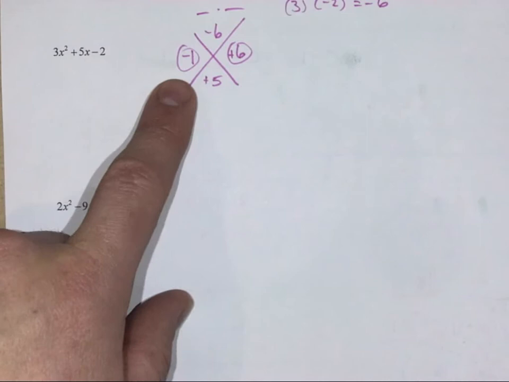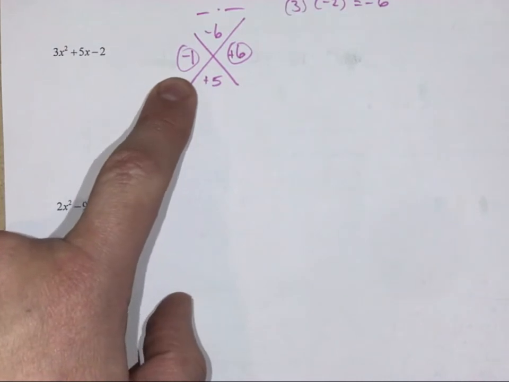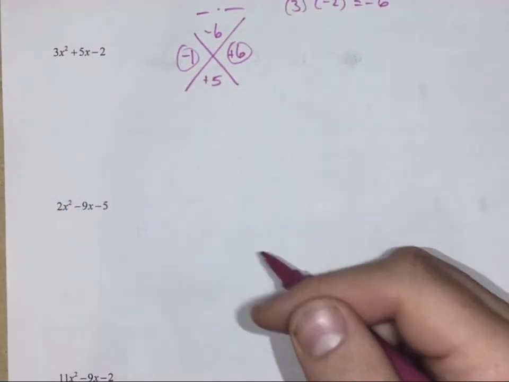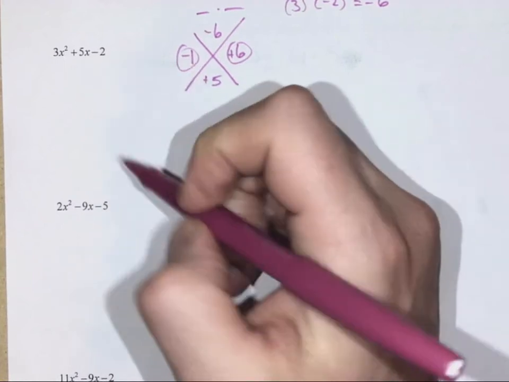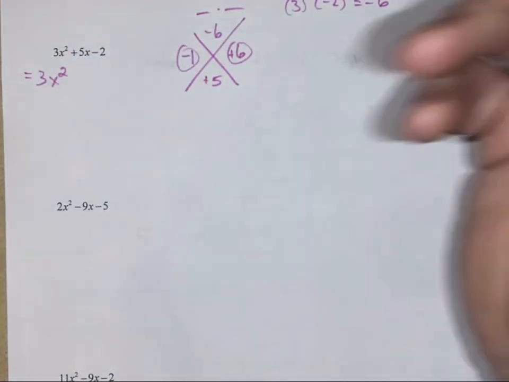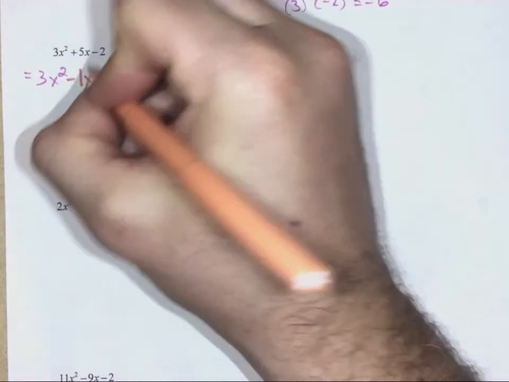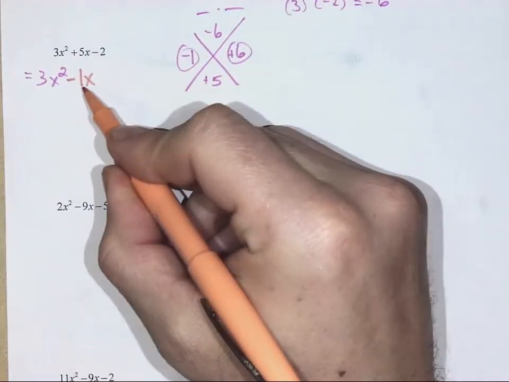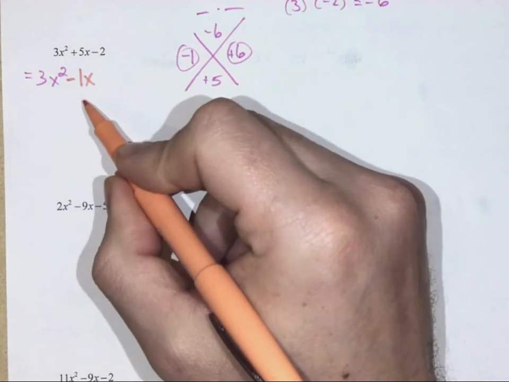So that 5x is going to break down into negative 1x and positive 6x's. Again, it doesn't matter which one I put first. I'm going to leave the negative 1x, so I remember that there's an actual 1, a number.